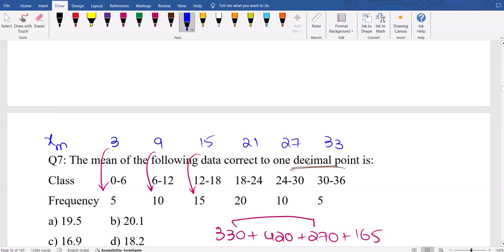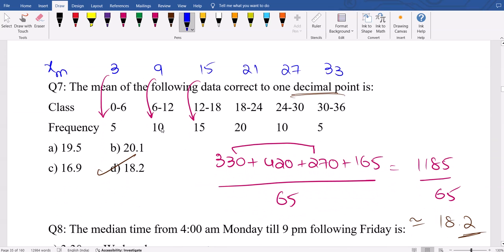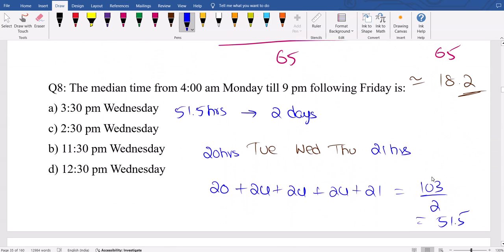Yeah, we did 3 into 5, 9 into 10, all those calculated here. When I gave 1185, we calculated all that. Okay, so 51.5 hours means 2 days plus, 48 hours gone plus 3.5. Okay, so Monday, then it will be Wednesday. So Wednesday, everywhere you can observe, right?